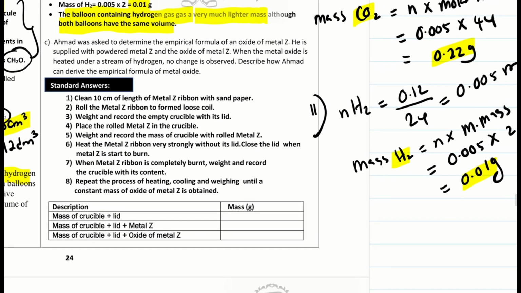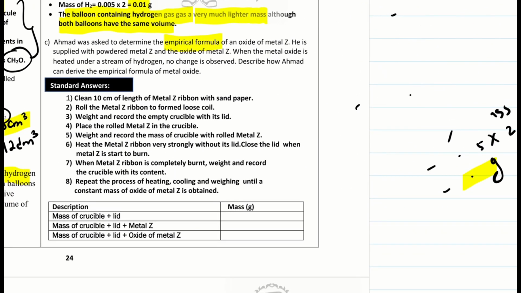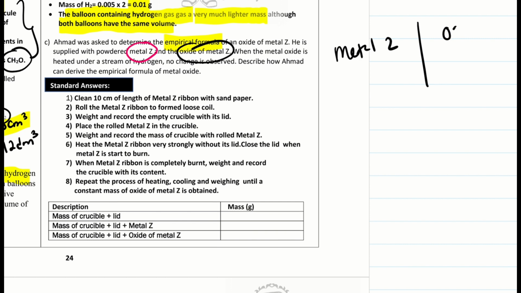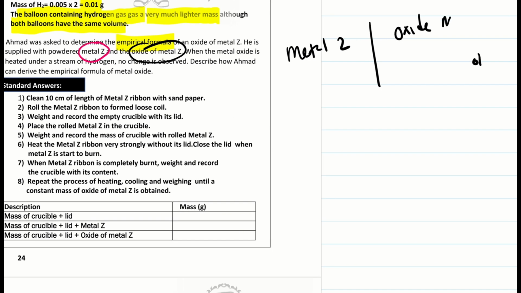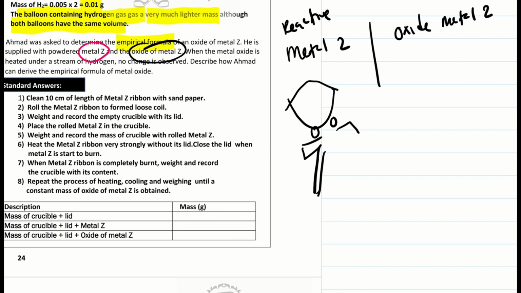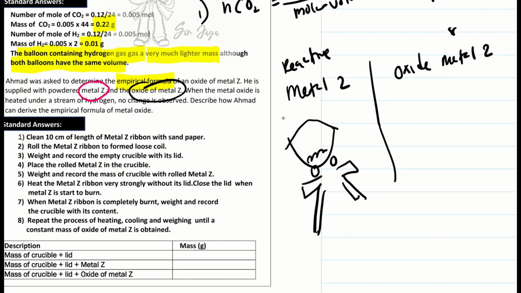Alright, next is the question where Ahmad is asked to determine the empirical formula of the oxide of metal Z. He was supplied with powder of metal Z and the oxide of metal Z. In determining the empirical formula, if the metal is reactive, we can use the method of heating the metal with oxygen gas.